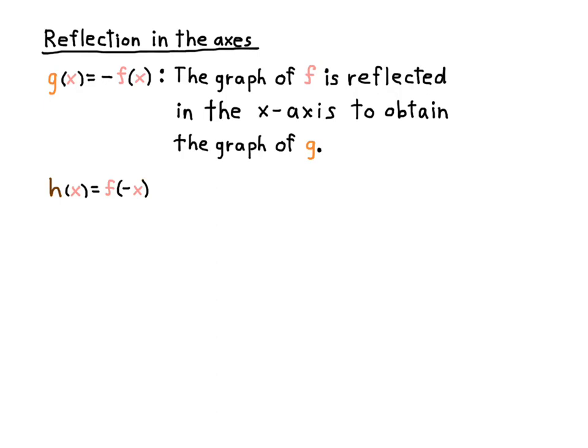Now, if you take the opposite of the input, opposite of x, right? Then what that does, opposite sign of x, is it reflects in the y-axis. So you're thinking of things moving: the parts that are moving left and right when you do the reflection, they're moving in the x direction, right?